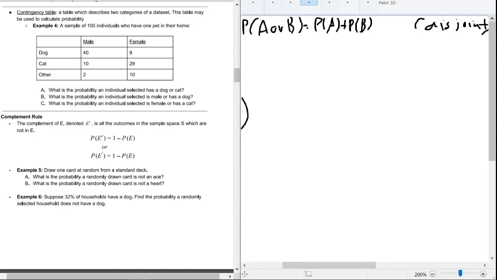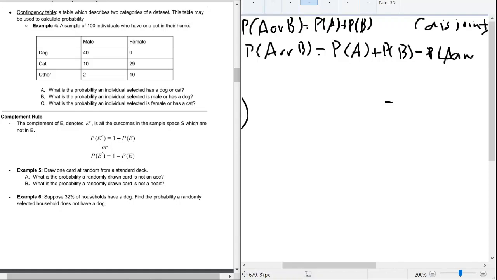But we also have the probability of A or B is equal to probability of A plus probability of B minus the overlap, right? Minus the overlap. So we need to determine whether dog and cat, those two events, have an overlap.